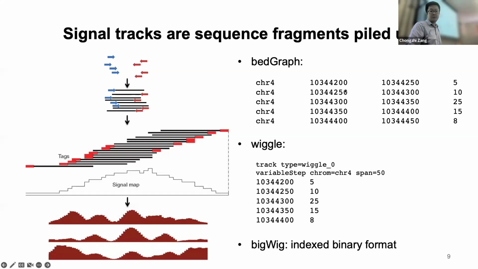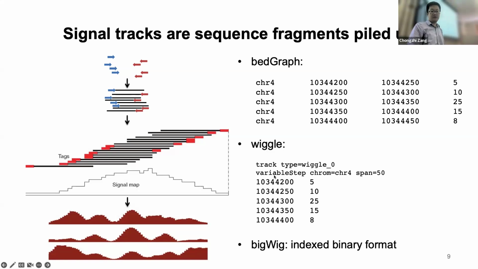In this particular example, this means a bin of 50 base pairs, so 200 to 250. In this bin, there are 5 reads, or the signal strength is 5. Each different bin will have a different number. And if we have a large number of rows in this data, we can plot this in the genome browser.